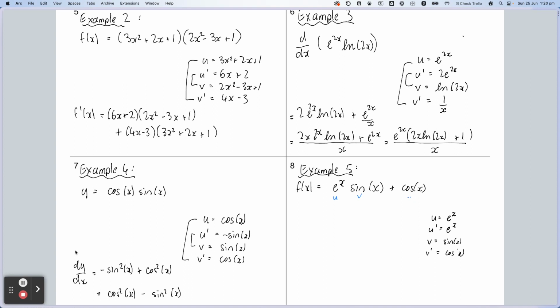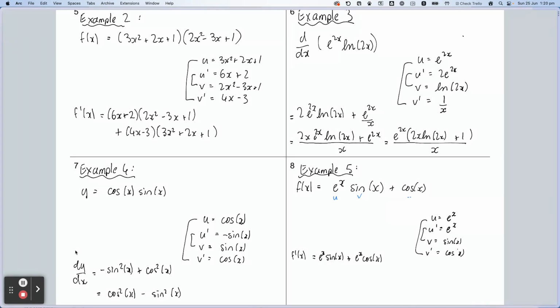And so we have f dash of x is equal to, inside then outside, e to the x sine of x plus the outside, e to the x cos of x. And then we just need to put in that extra function at the end, which is the plus cos of x.